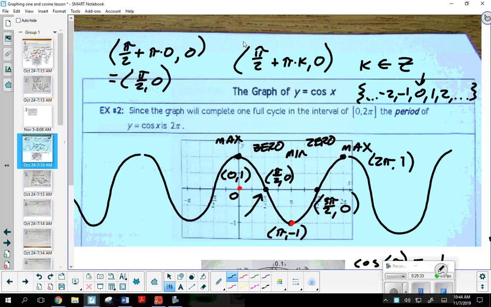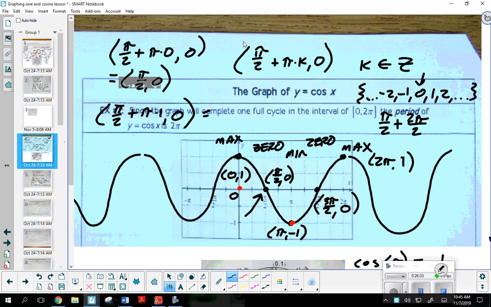Now let's move to the next integer, which is 1. So I'm going to go ahead and say pi over 2 plus pi times 1, comma 0. Well, now we just need to go ahead and take pi over 2 and add pi. Well, let's see here. Pi over 2 plus, we need a common denominator. So is everybody okay with that being 2 pi over 2? Because what's 2 divided by 2? 1, so there's your 1 pi.